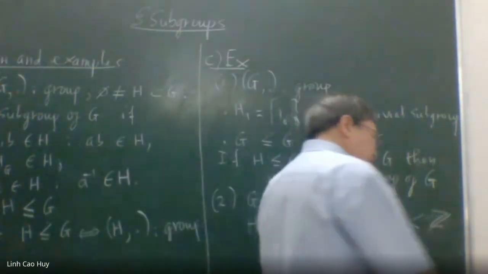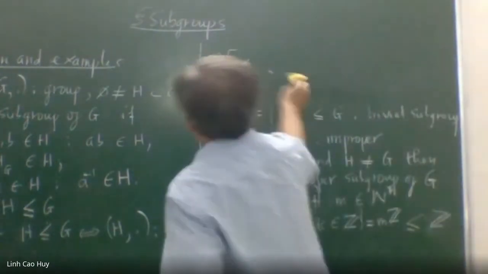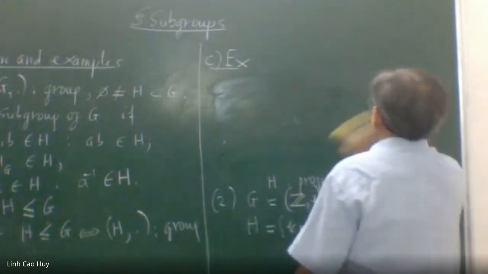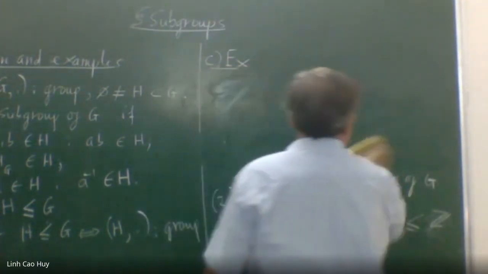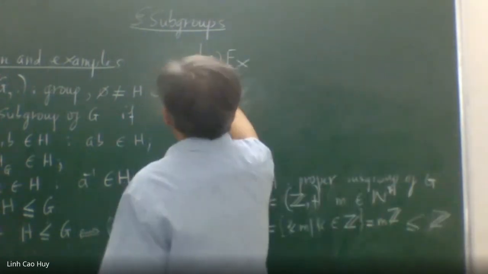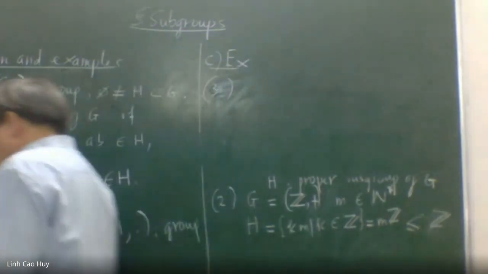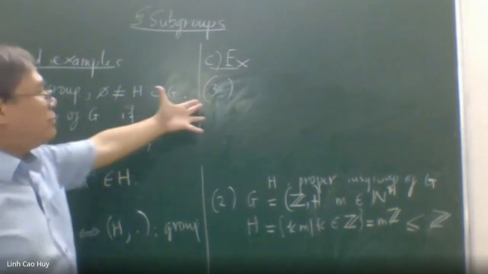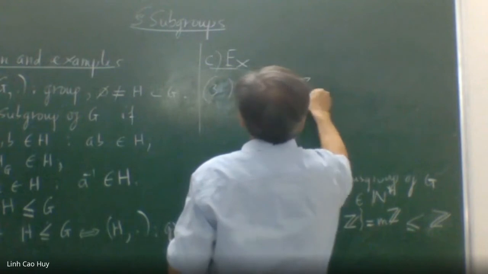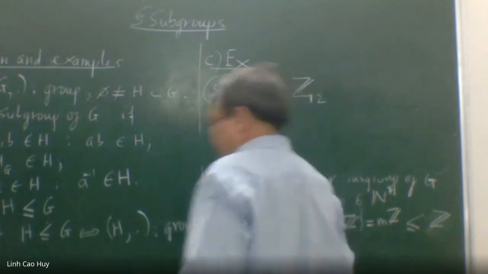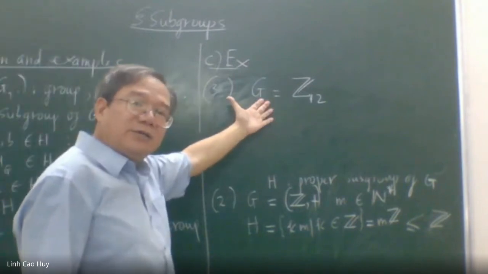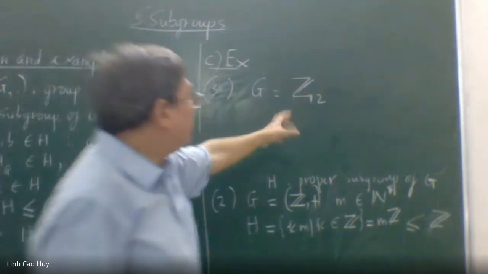Now, we consider another example, the third example. Now we consider Z, maybe Z12. Is it an additive group or a multiplicative group?